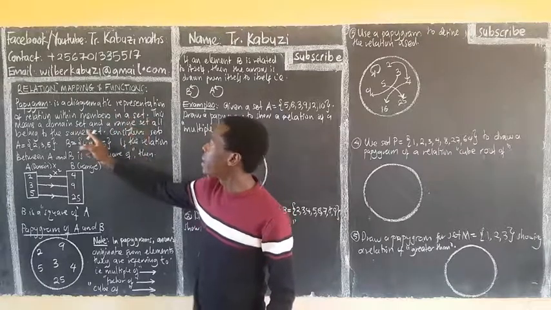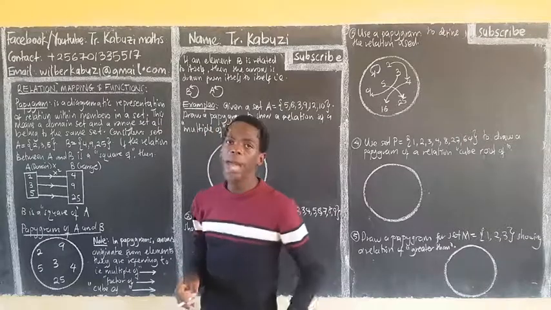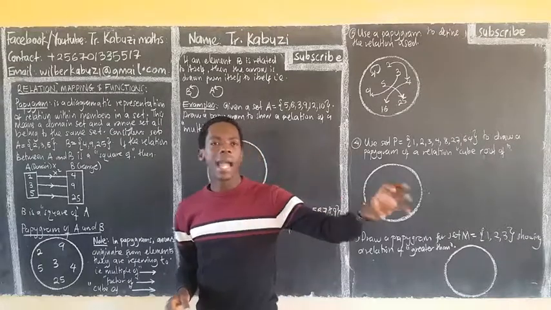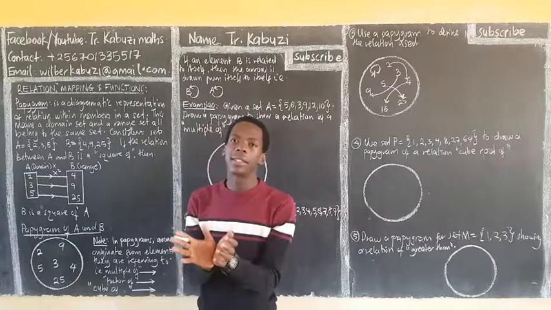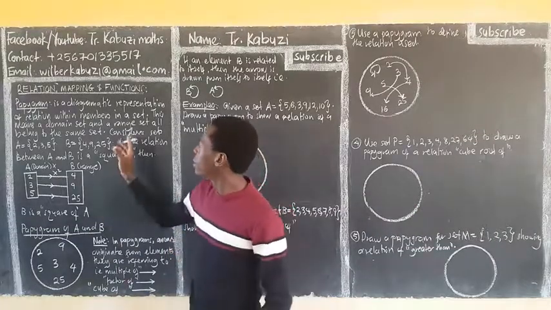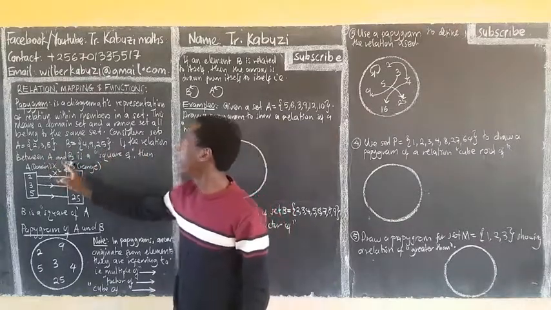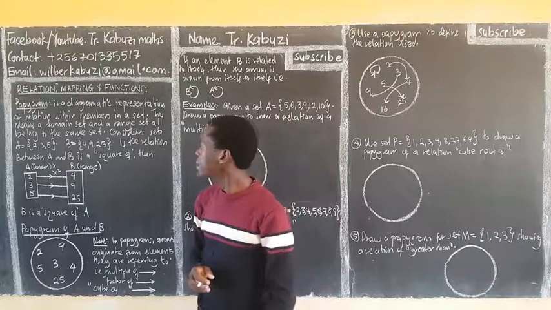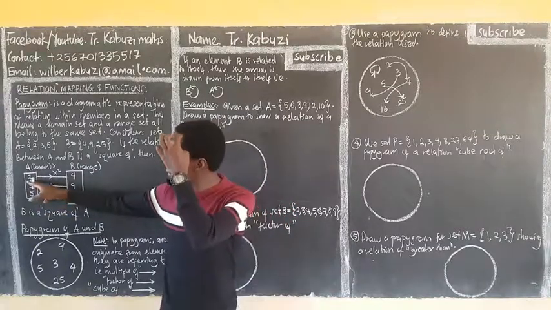This means the domain set and the range set all belong to the same set. Now here, in a papygram, we combine elements of the domain and elements of the range into a single set. So consider set A and set B. If the relation between A and B is a square of, then A is our domain, so we are squaring these.